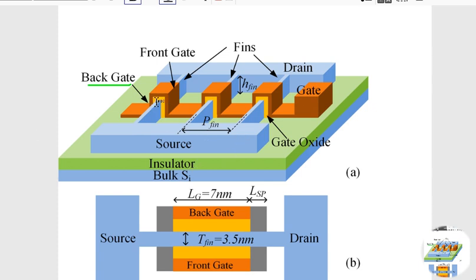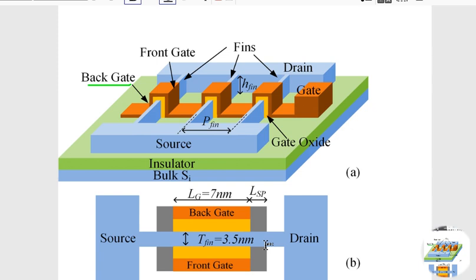So here we have two gates. Because it is a two dimensional view, this is a back gate, and this is your front gate. So we have a back gate and a front gate across the different fins. Okay, next, the same thing is shown here in top view.